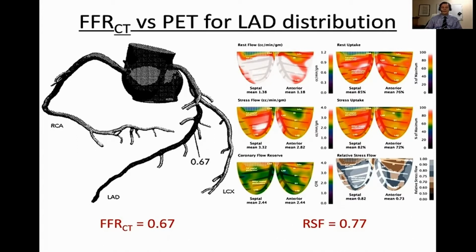When you look at the rest and stress uptake images, not too much there. There is on the relative stress flow images a little bit of something in the anterior walls, such that it drops down to maybe 0.77 if you average the anterior and septal walls together. But nothing that would be low like the FFRct value of 0.67.